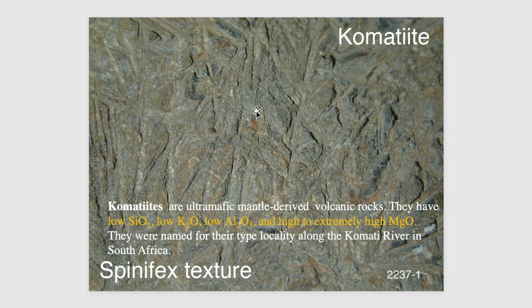Many times the spinifex textures can be different depending on the depth, and it's usually separated by a B layer, so a basal layer that is represented by cumulates, similarly to the cumulates you find in a magmatic chamber, as we were discussing before.